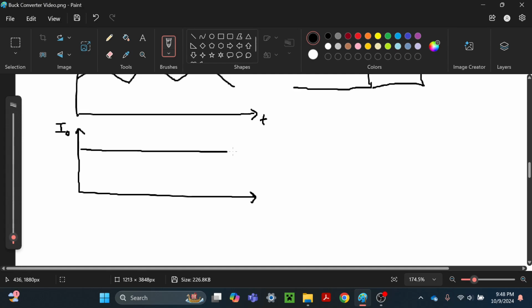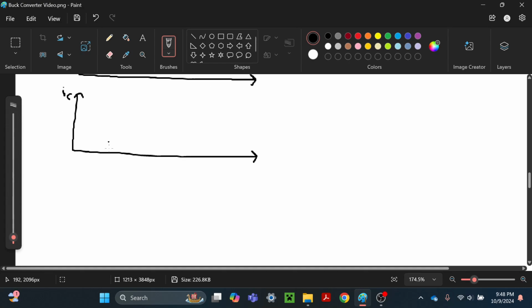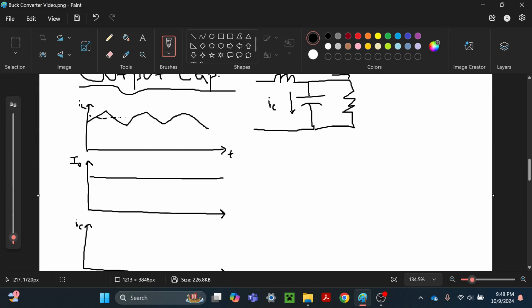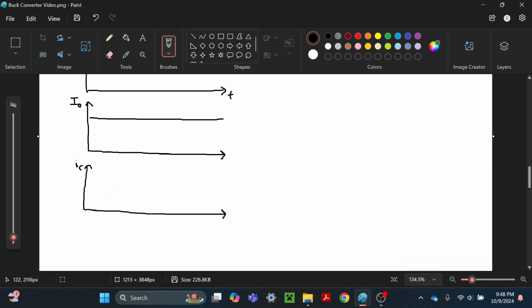So I out is going to be this DC value, and then IC is going to be the AC component of this waveform. So this is I out. And then this is going to be IC.